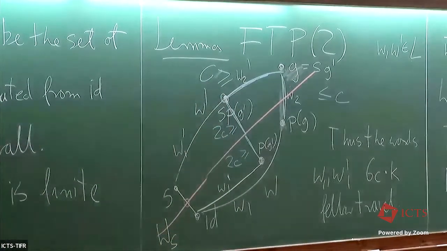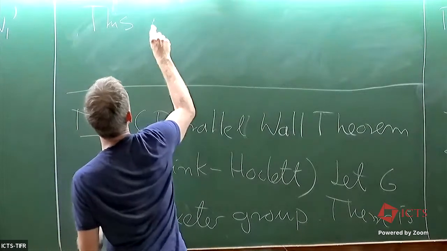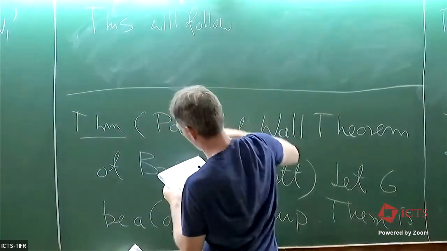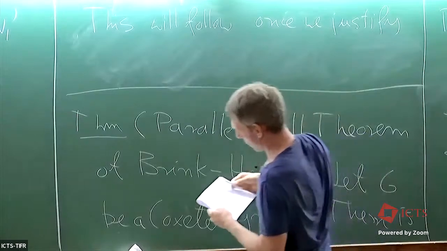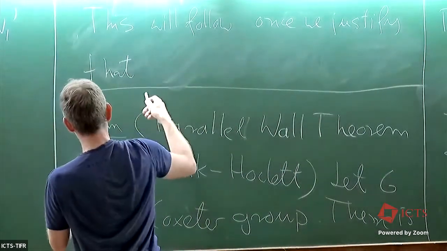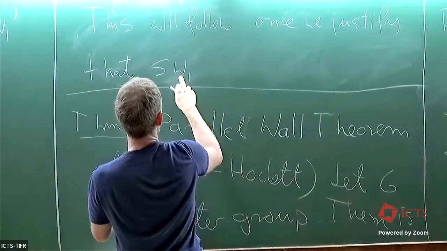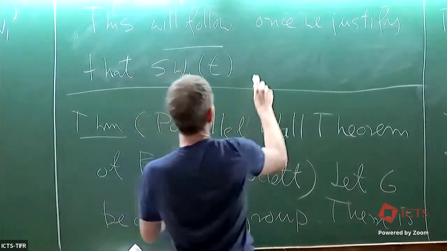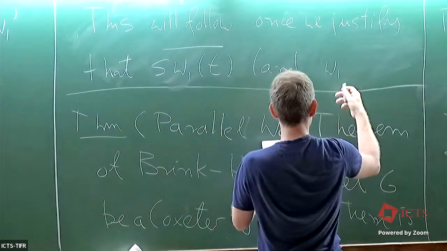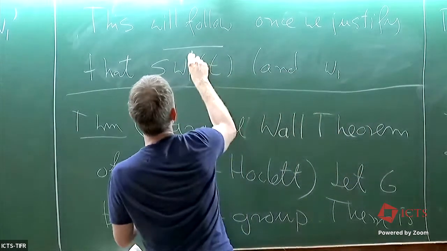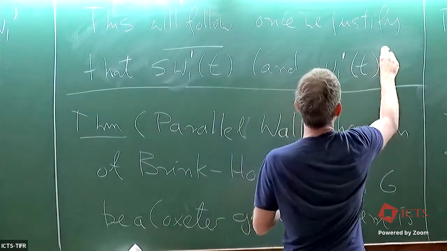So this will follow once we justify that these two paths, so the elements on one path are just the prefixes of SW1 interpreted in the group, and the elements of the other path are just prefixes of W1 prime interpreted in the group.